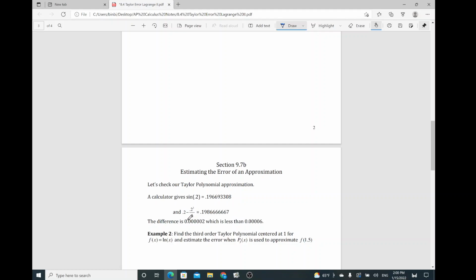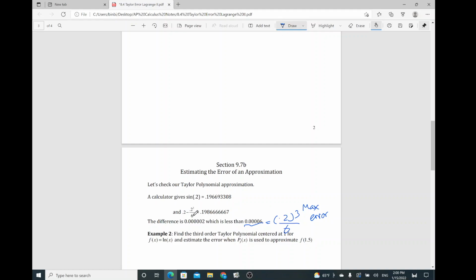The difference is about 0.000002, which is less than 0.000006. So we try to approximate the error here. The error is about 0.2 to the power of 3 over 6. So this one is the maximum error.